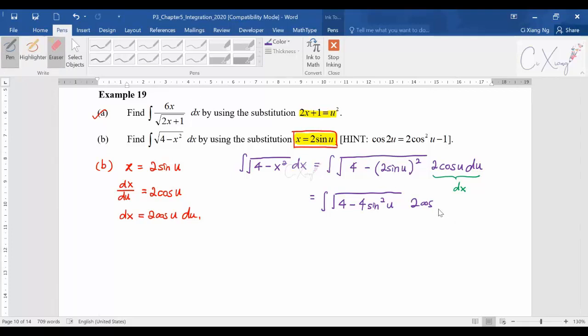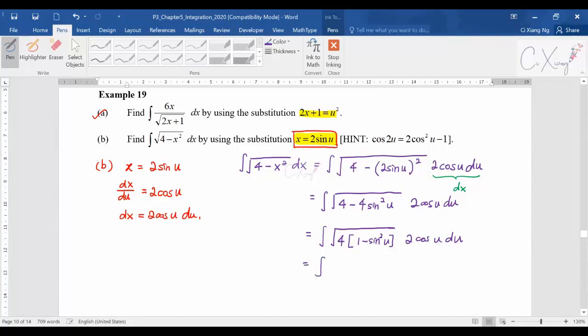Then I want to make the expression slightly easier before I integrate it. After I look at it, I realize that I can take out the 4. If I factorize out the 4, then I'm having 1 minus sine square u, then 2 cos u du.